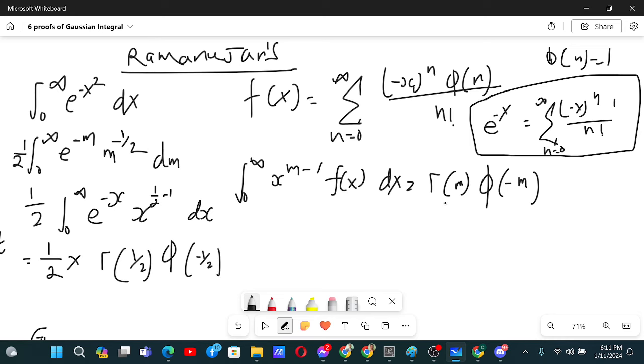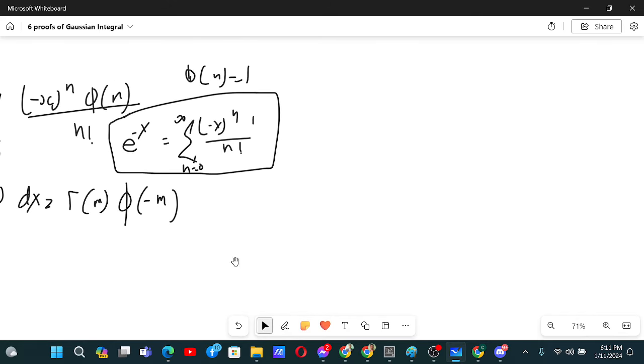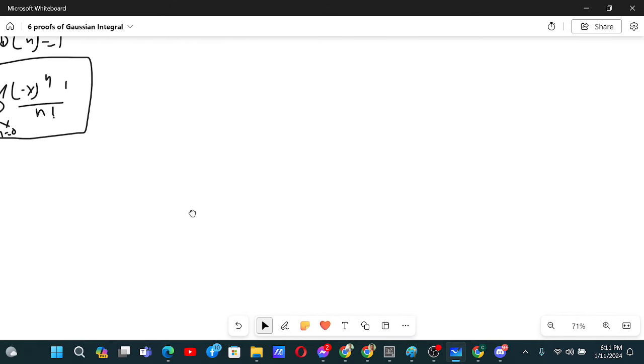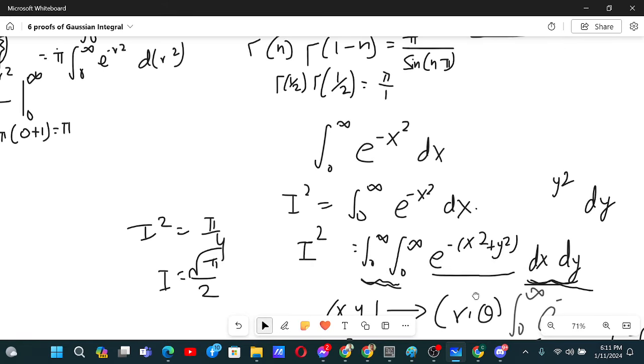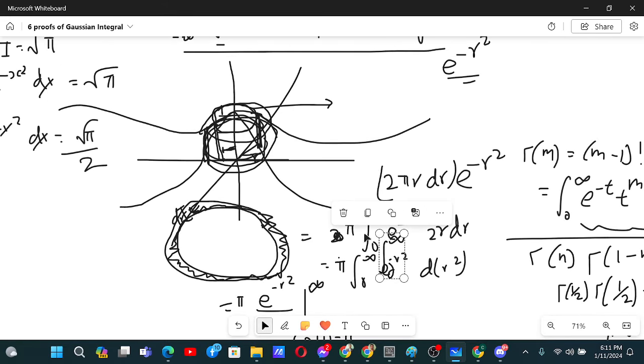Now phi of any number is just 1, so it's 1 by 2 into gamma 1 by 2 into 1, and we know gamma 1 by 2 is just root pi, so root pi by 2 is the answer. It was mostly the same as the gamma function solution, but this has a new name, which is Ramanujan's theorem.